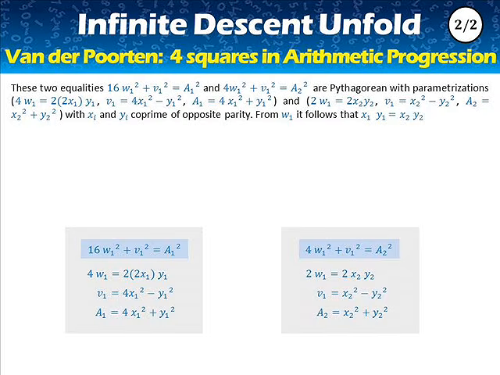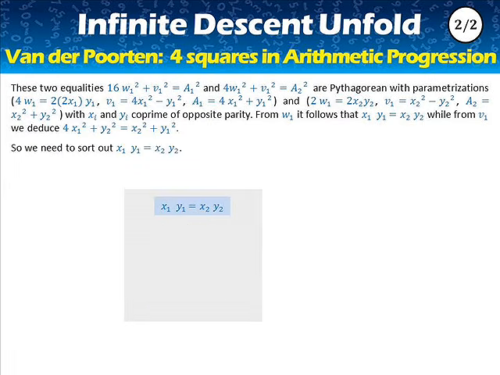From w₁, it follows that x₁y₁ equals x₂y₂, while from v₁, we deduce that 4x₁² plus y₂² equals x₂² plus y₁². So we need to sort out x₁y₁ equals x₂y₂. If x₁ equals x₂, then y₁ equals y₂.